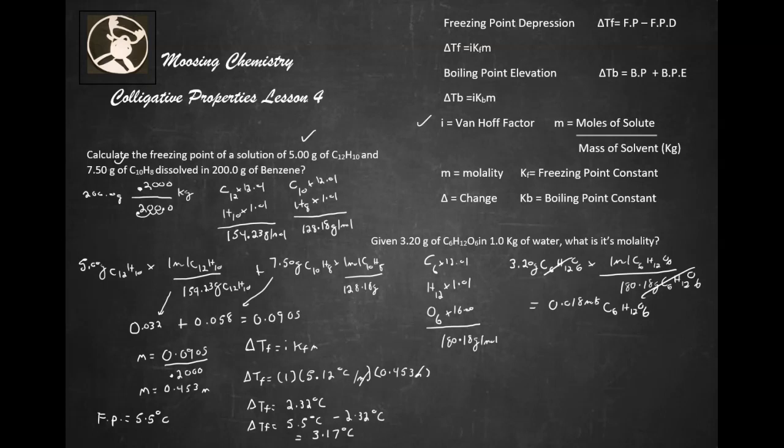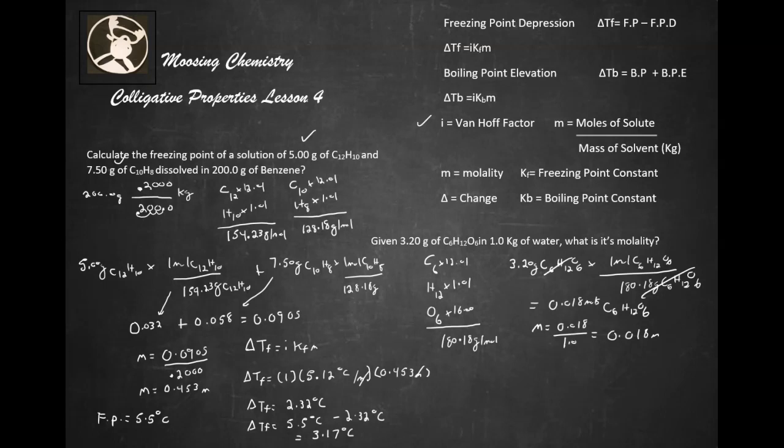Now we can figure out the molality. We take our moles and put them on top, 0.018 divided by 1.0 kilograms. So the molality is going to equal 0.018 little m.